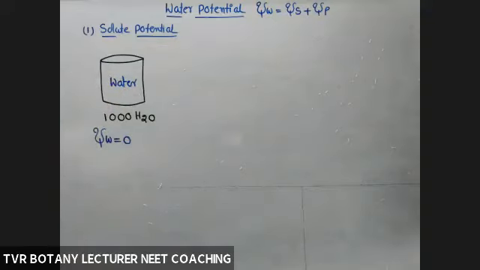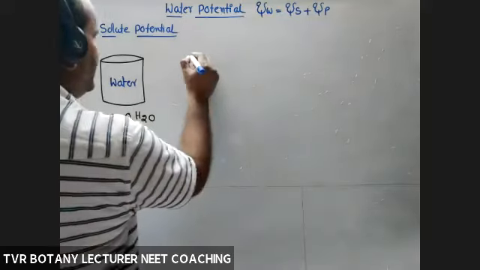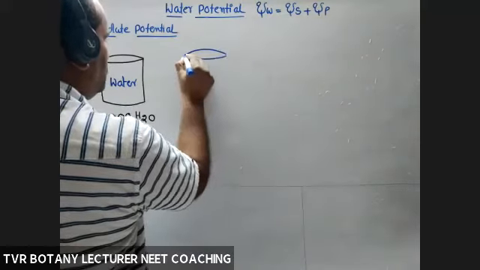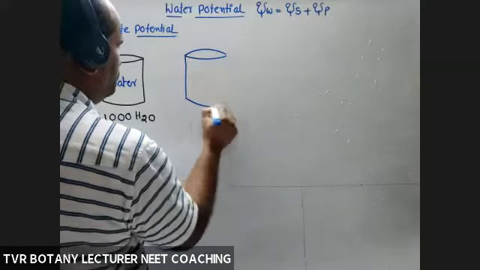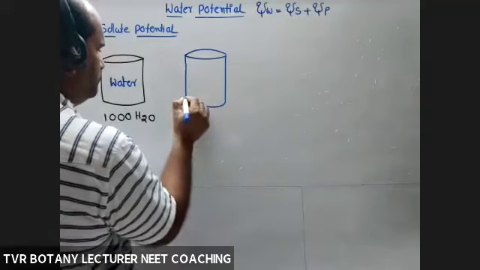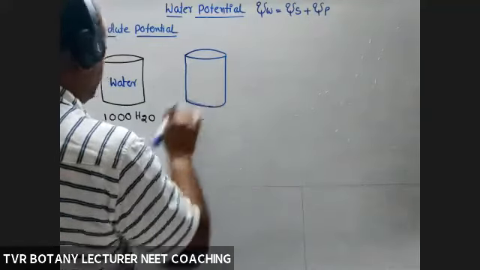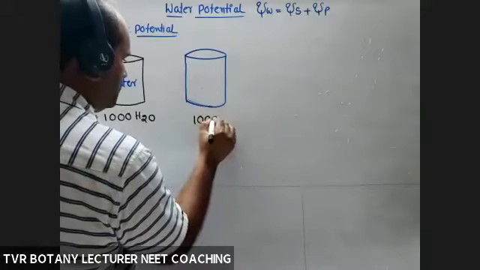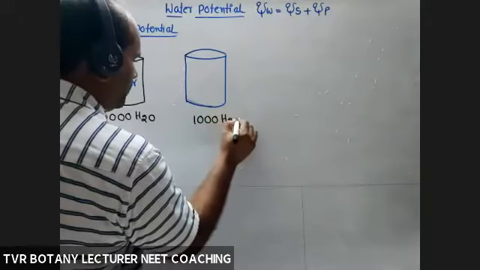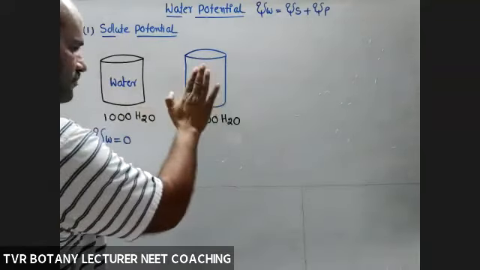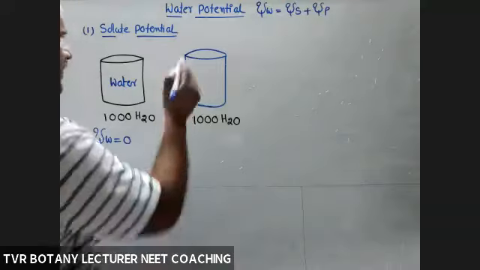So the beaker is with only water molecules, right? Now it is added with 10 grams of sucrose, to the already existing 1000 H2O molecules. Here, what about the number of solutes? 0 so far.